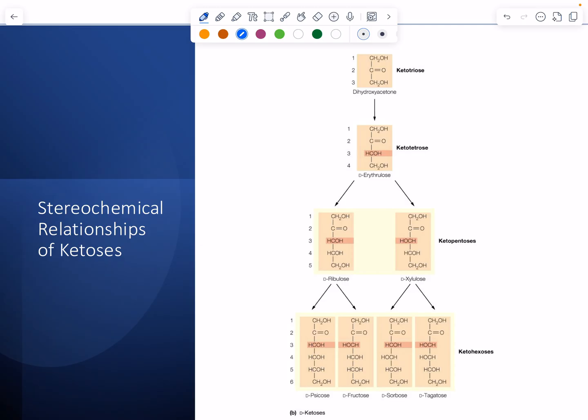Ketoses typically have fewer stereocenters than aldoses with the same number of carbons.